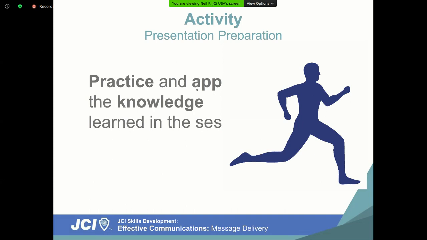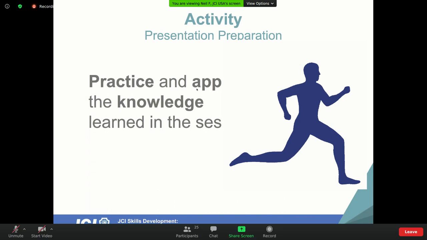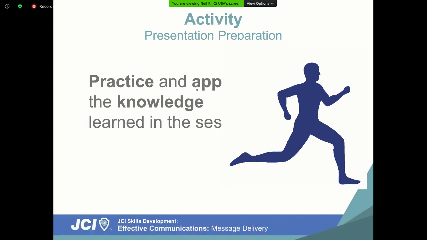Your topic is JCI membership. So sales, you're going to be talking about JCI membership from a sales perspective. Decision making, you're going to focus on JCI membership from a decision making process.